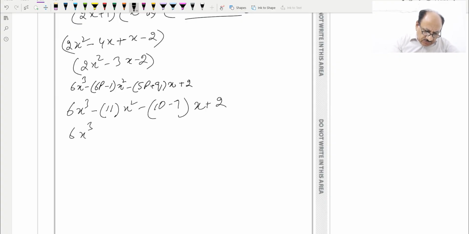And we can further write it as 6x cube minus 11x square, and minus 3x plus 2, and this one we can factorize.